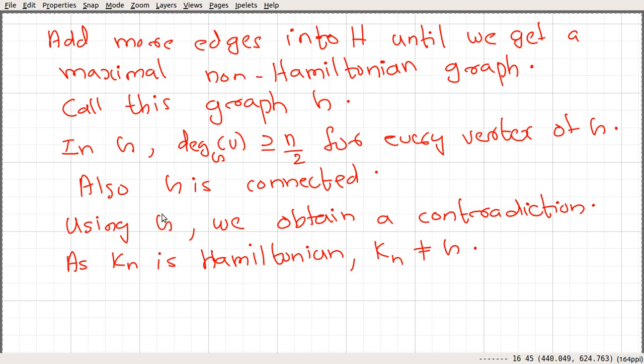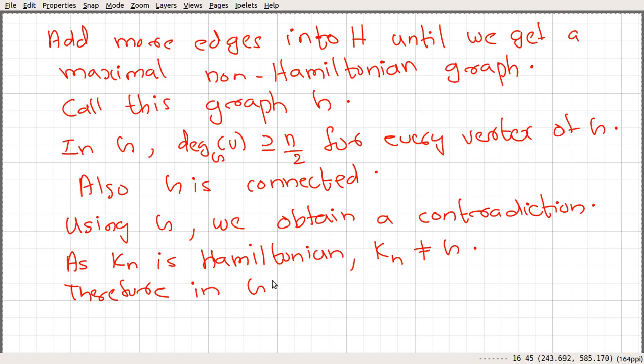Here G is constructed in such a way that G is a maximal non-Hamiltonian graph, and because of that G is not equal to the complete graph on n vertices. Since G is not equal to K_n, we can always find two non-adjacent vertices in G.